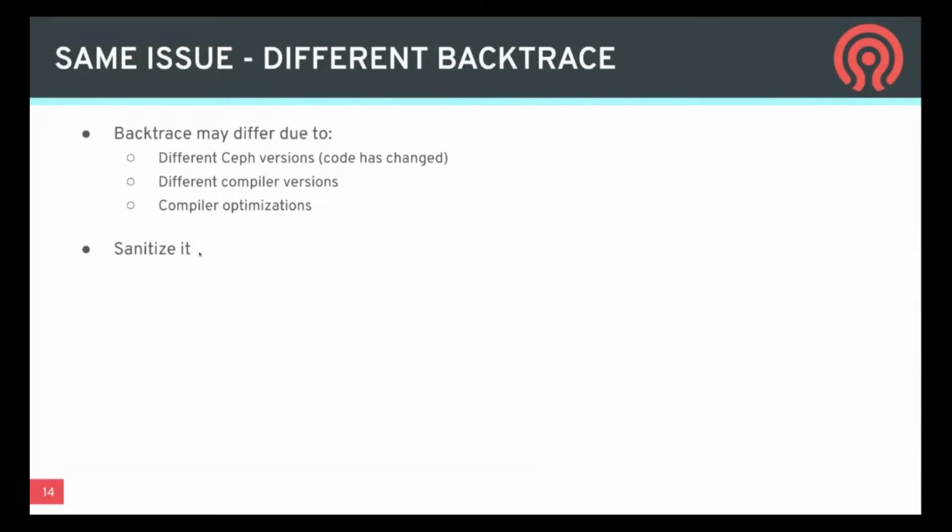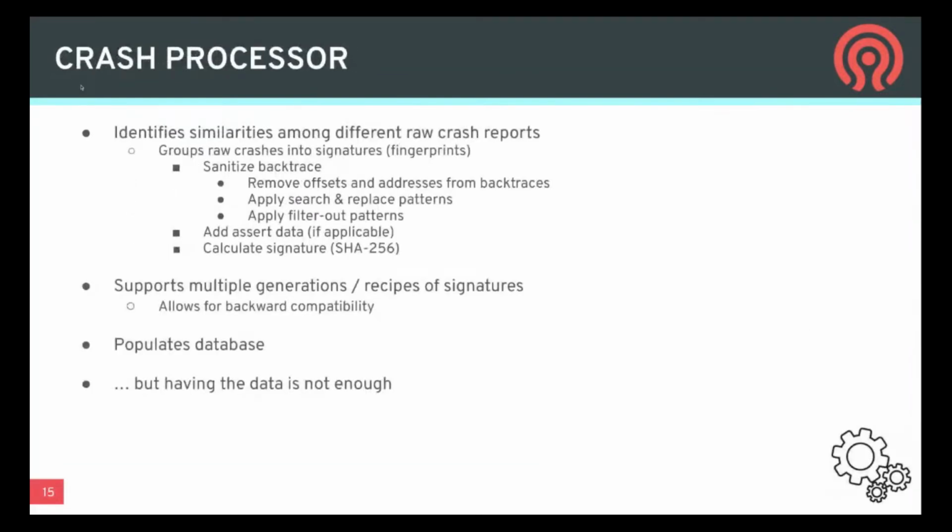So one way we found to be effective is to sanitize the backtrace. In the backend, we have a crash processor that looks at all of these raw crashes and identifies similarities among them by taking those raw crashes and sanitizing their backtraces.